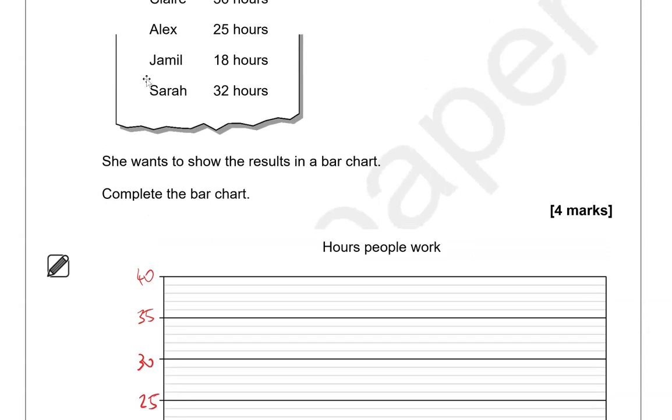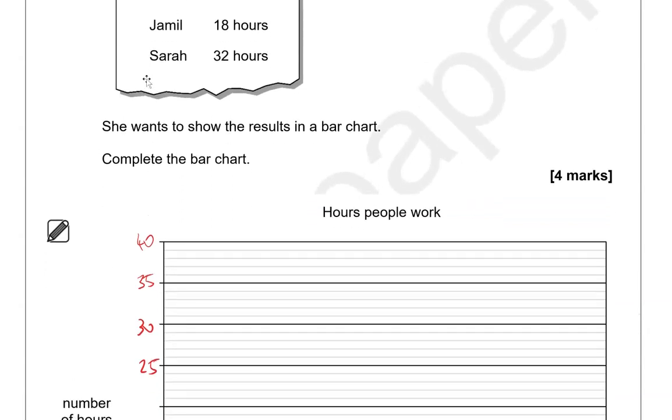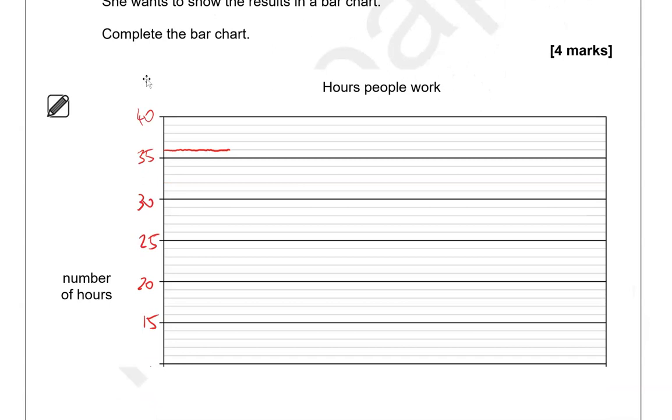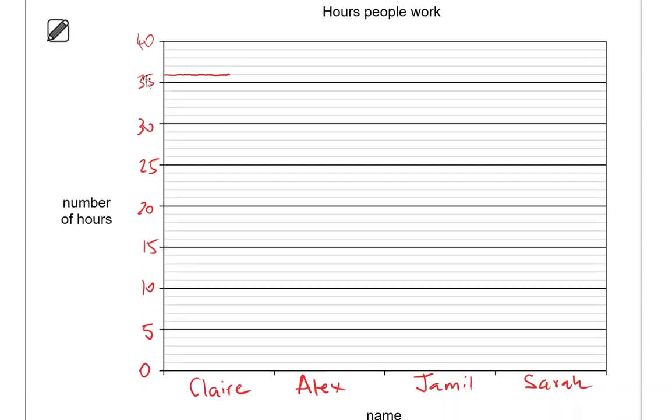So we've got Claire with 36 hours. So there is 35, now 36. You'd need to use a ruler for this, drawing straight lines.